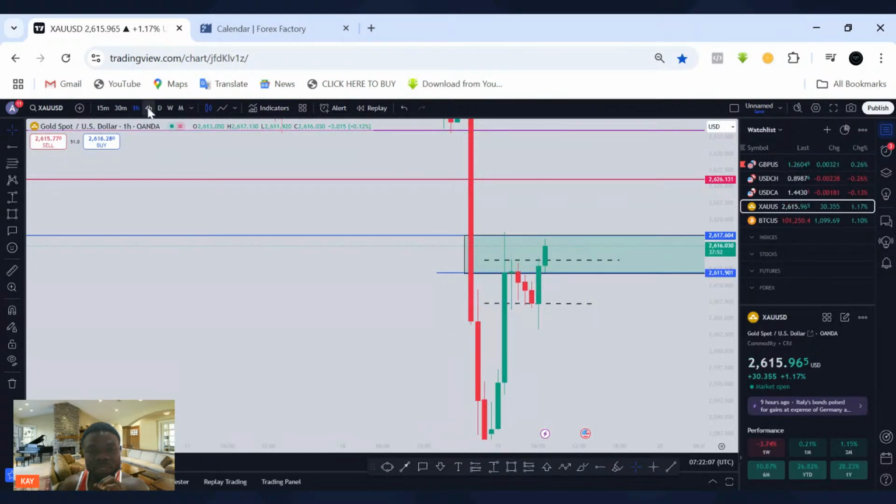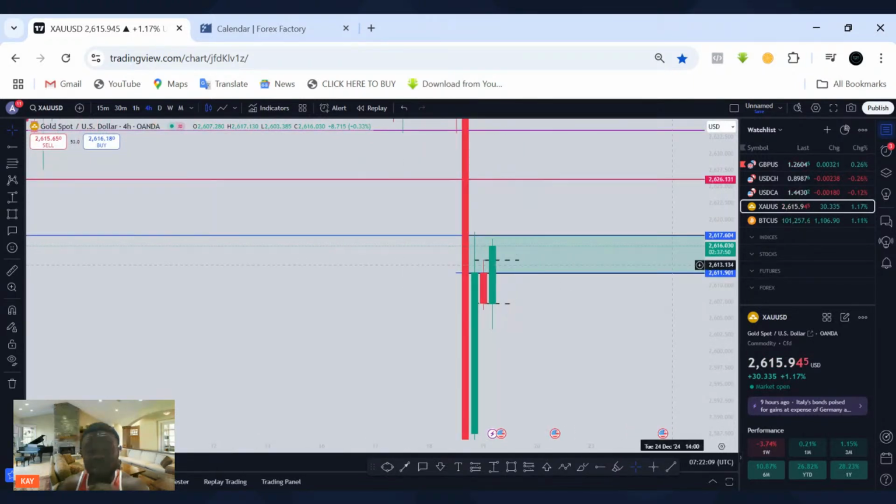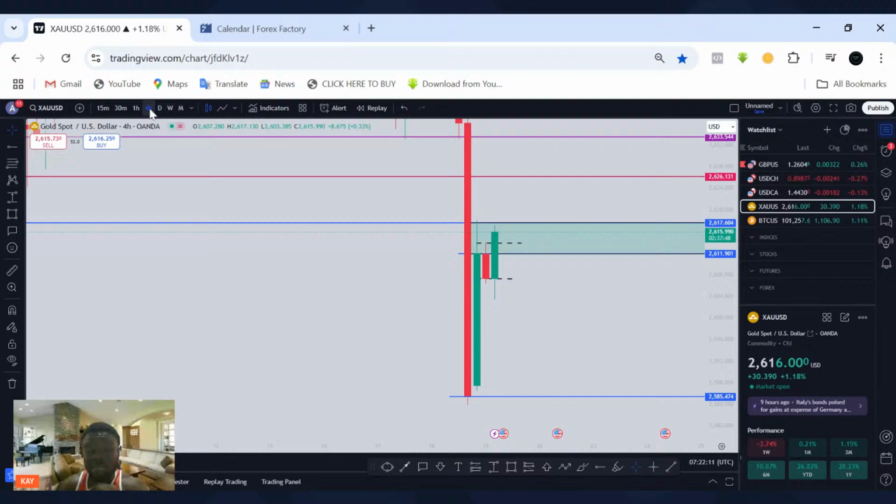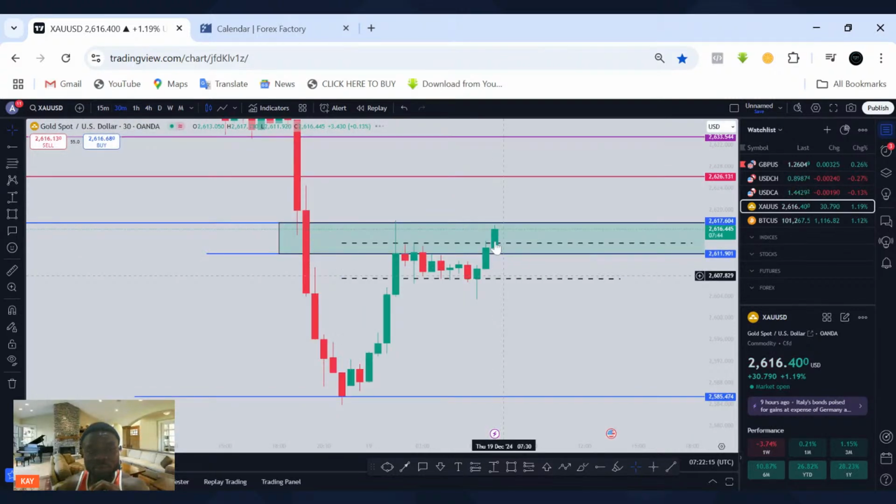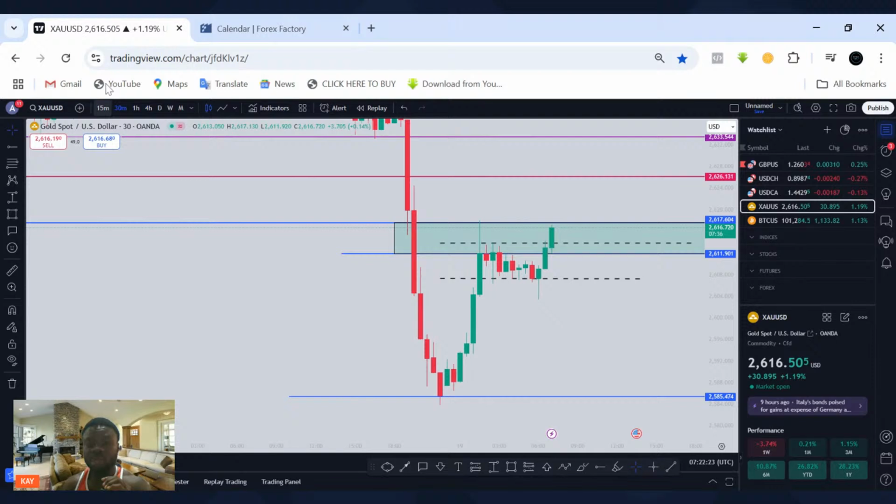I wasn't expecting this one. The timing was very bad. It happened exactly at 7 o'clock. The 7 o'clock started pulling back, which is mostly when it happens.